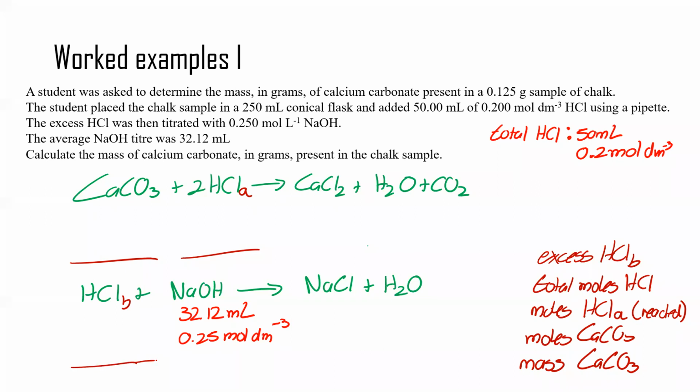And we can find excess HCl by finding moles of NaOH. So it's working backwards. So it would be A, B, C, D, E, and F is our answer here.